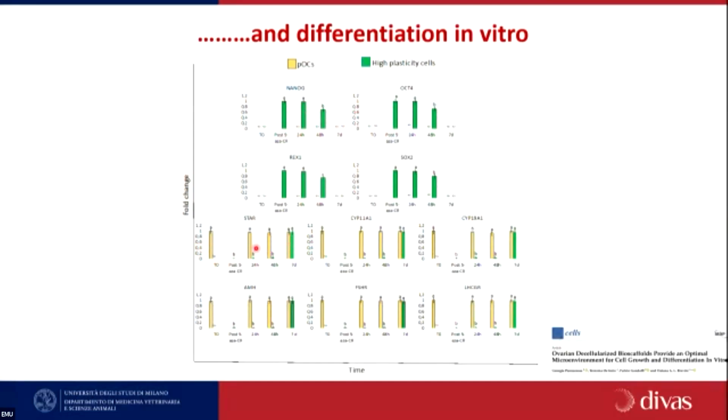So this was very exciting, of course, because it's telling us that we are going in the right direction, and that the ECM is interacting with cells and is telling cells, look, you are in an ovarian environment and we would like you to behave the way we want. We are working a lot on it, and I think it's a very promising area.